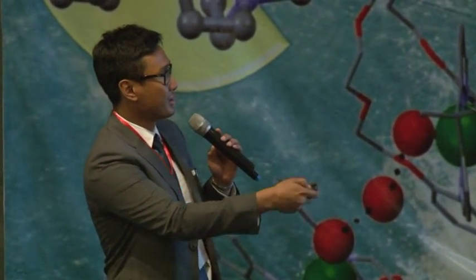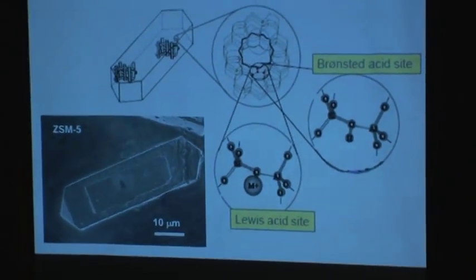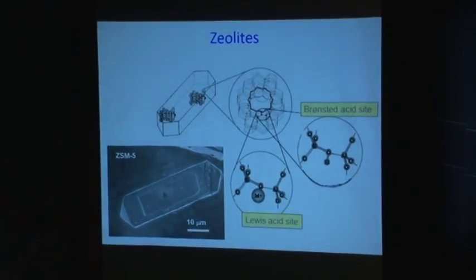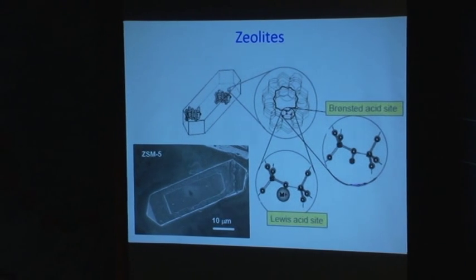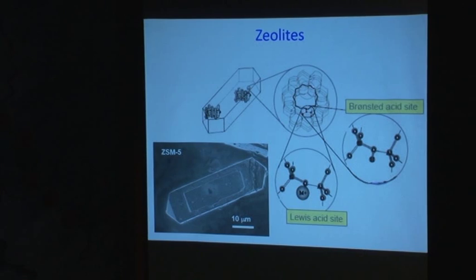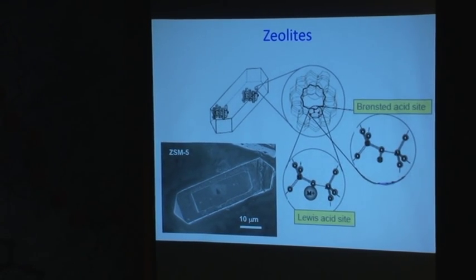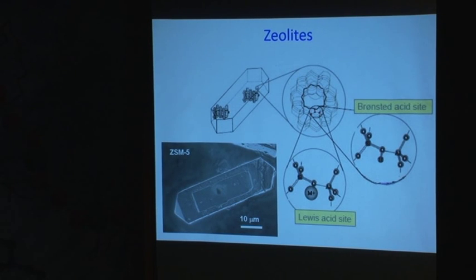This is the crystal shape of zeolite. So it shows coffin type morphology, what's called coffin type morphology, and we could see that the inside of these crystals. So from the molecular point of view, the zeolite normally contains strong acidity.